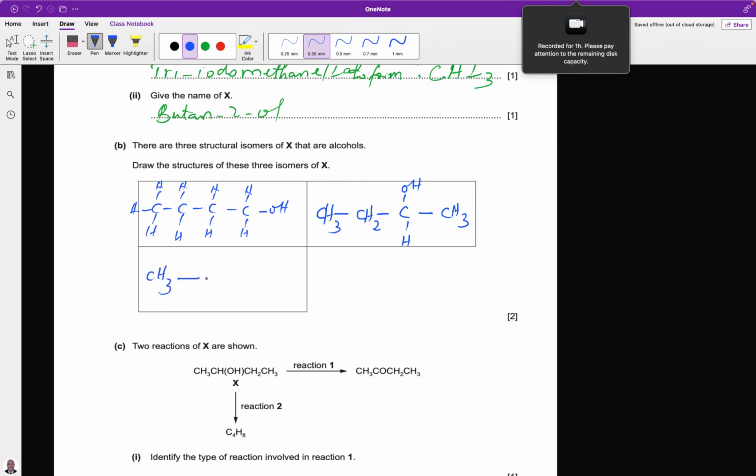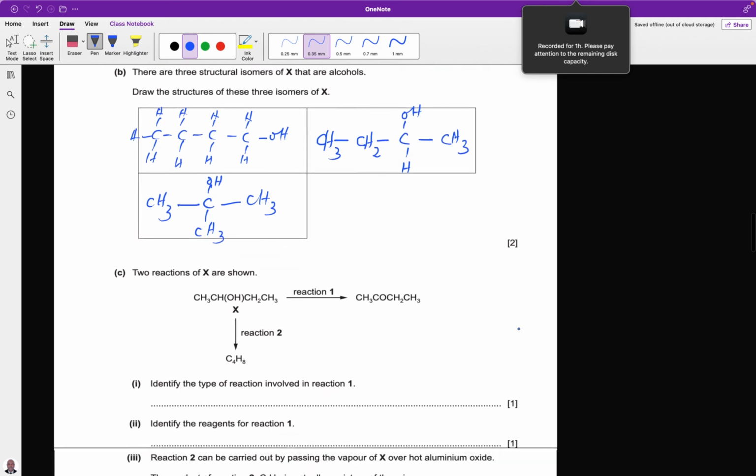It will be like this one. You have this, you have that, that is a tertiary alcohol. If you draw these structures, you will have your 2 marks.